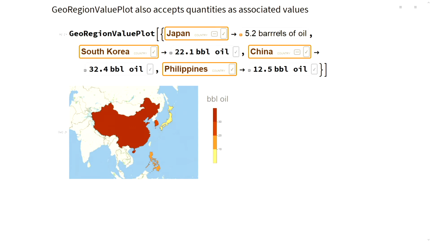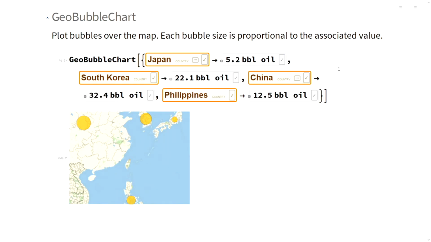And the value is colored by using some color function. We can also use quantities, or as you can see, you can use Wolfram Alpha input. So we are associating again entities with quantities. In this case, those are the exports of oil of each of those countries.